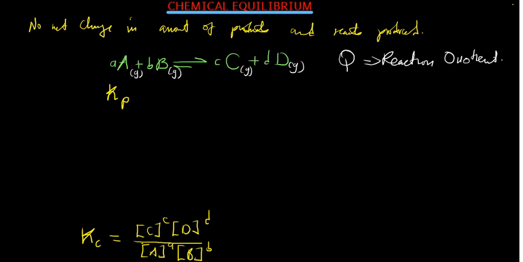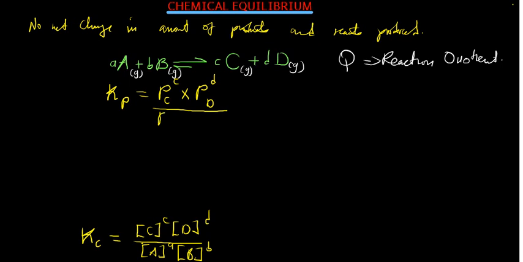And so Kp becomes the same, it is the pressure of the products. So we have first the C. What is the coefficient of C? That is c. And then multiplied by the pressure of D. What's the coefficient of D? So this will be raised to the power d, that's a mole, divided by the pressures of the reactants.